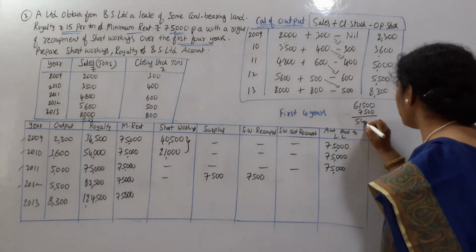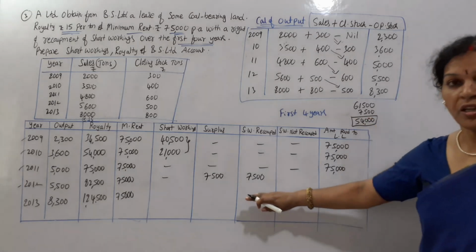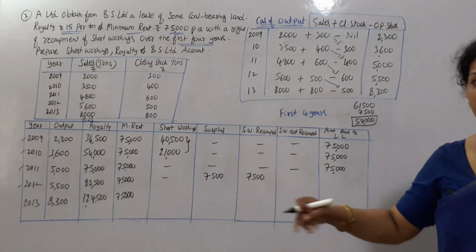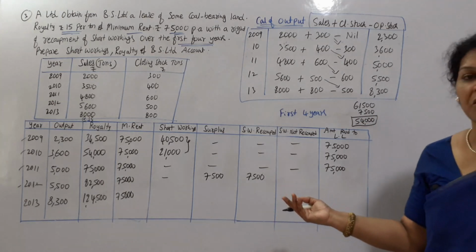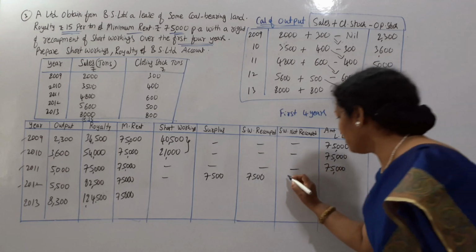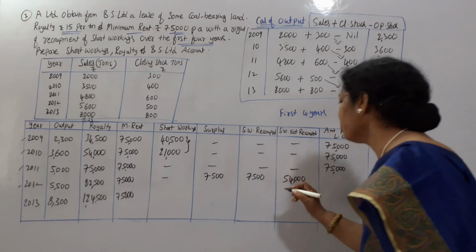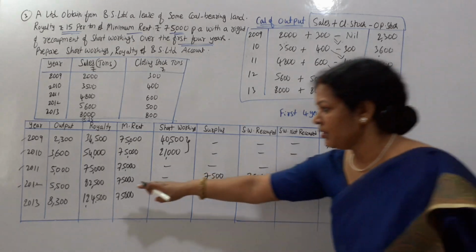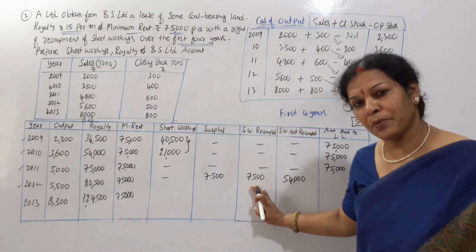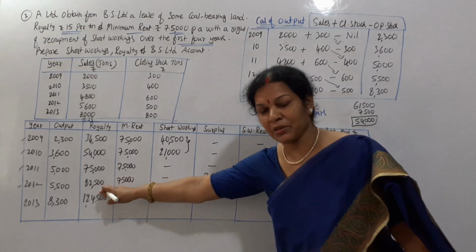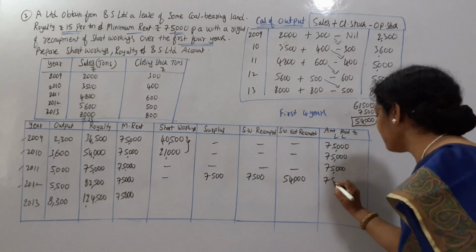This is the deadline. By this period we have to recoup. If not, it is not recouped, or you can say the short workings lapsed. 54,000 lapsed. Paid to the landlord: out of 82,500, 7,500 we have recouped. Now it means it is also 75,000 only, so we are paying the landlord 75,000.